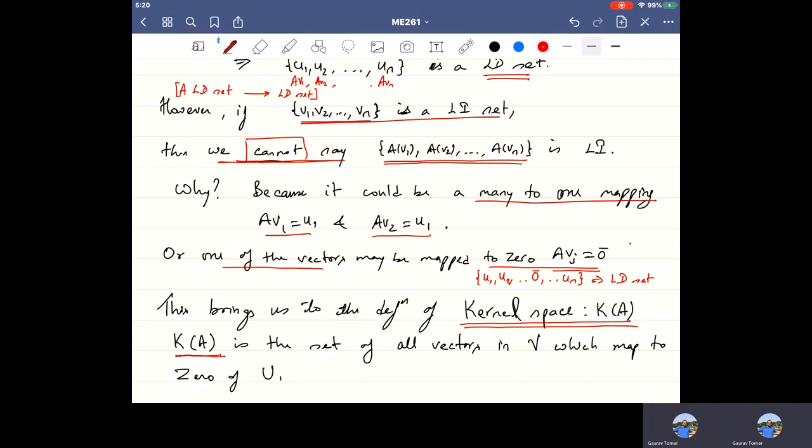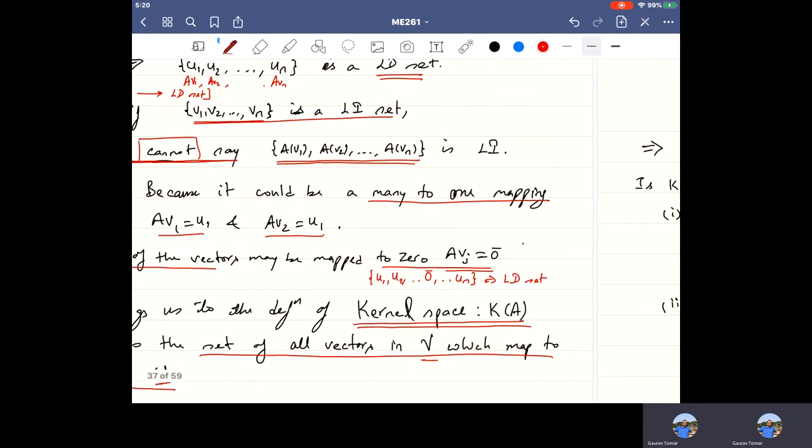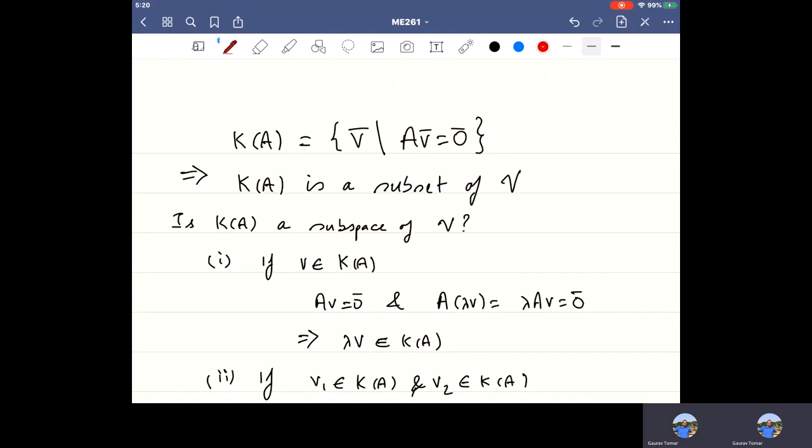So kernel space is the set of all the vectors in V which map to 0 of U. So this kind of a space is always defined with respect to a given linear transformation, because we're talking about both V and U in the definition and the mapping. Right? So for a given mapping, the set of vectors that will map to 0 is called the kernel space. In other words, you can write this in this fashion. So K of A is equal to the set of all the vectors v such that A of v is 0.